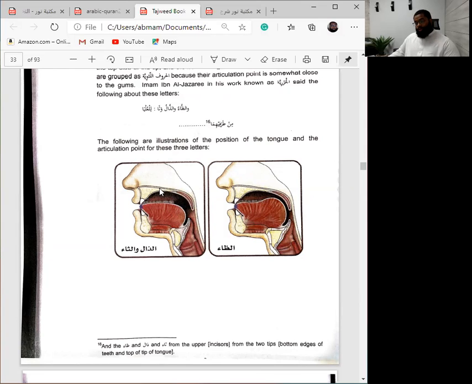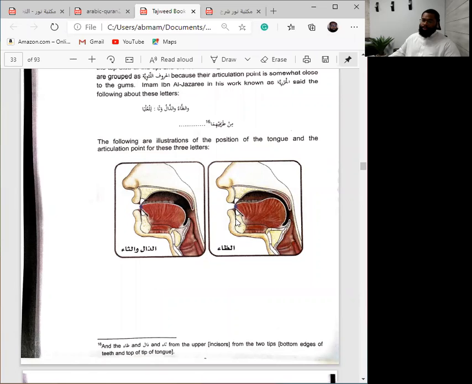In some countries or for some people, where dha, dhal, and tha are not common in their language, the tip of the tongue, instead of coming out between the teeth, stays inside, and instead of pronouncing a tha, they pronounce a sa. Instead of pronouncing a dha, they pronounce a za. They say zalika al-kitab, as opposed to dhalika al-kitab, and instead of al-dhalimin, they say al-zalimin, which is wrong.